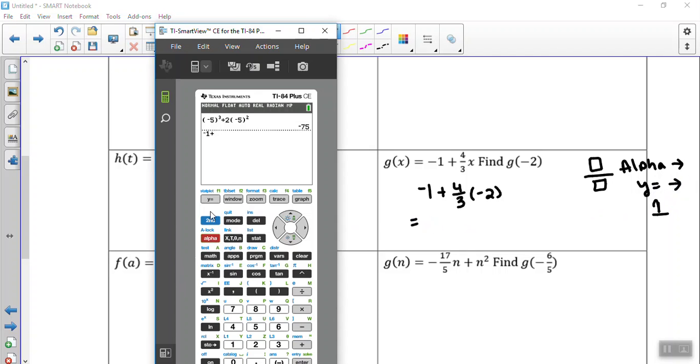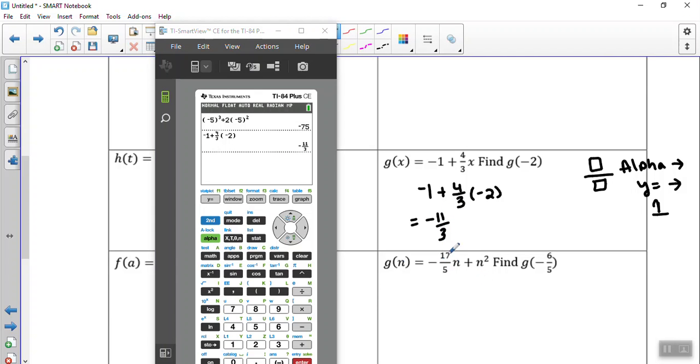So I did alpha, y equals, and then just take the first one here, and then you have a nice little fraction bar, so that you don't have to use parentheses, and it gets kind of messy that way. So anytime you see a fraction, just put it in a fraction bar in there. Parentheses, -2, close parentheses, and you have your answer right here. The answer is -11 over 3.